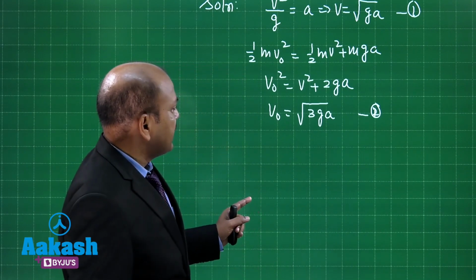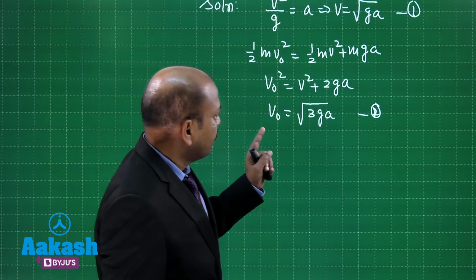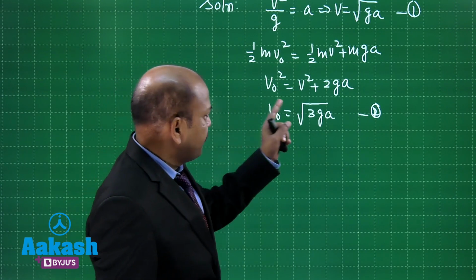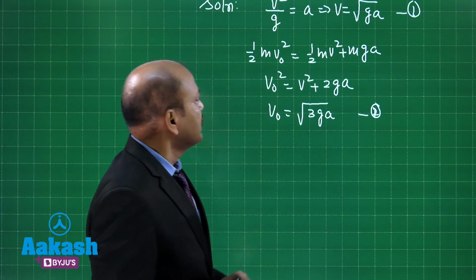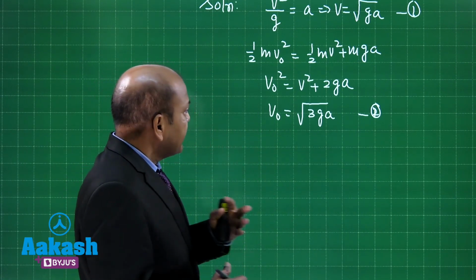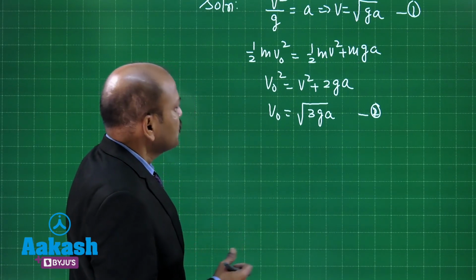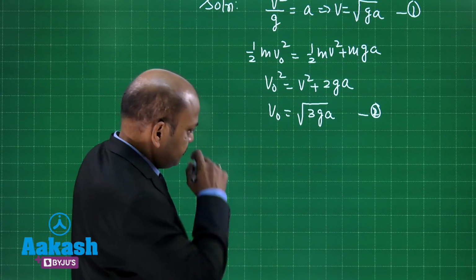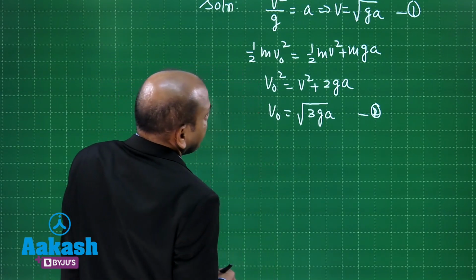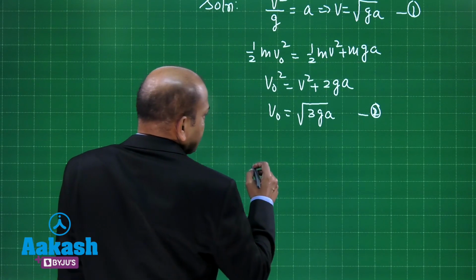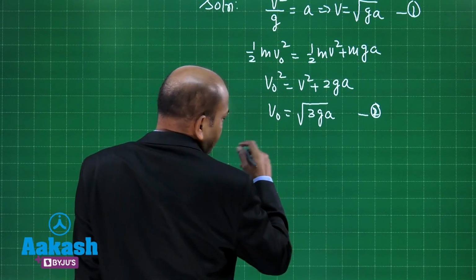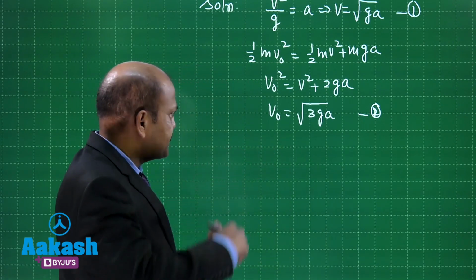So once we have the value of v0, and the value of v is also known, then how to find the value of theta and also the horizontal range? Well, we can now apply this: v0 cos theta, the horizontal component of velocity, does not change.